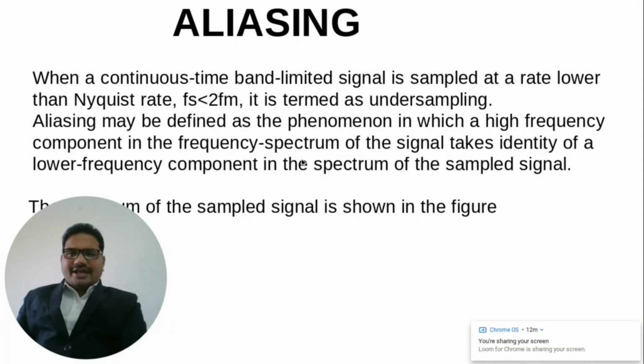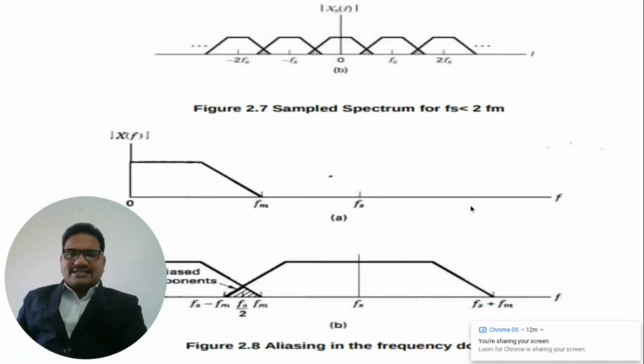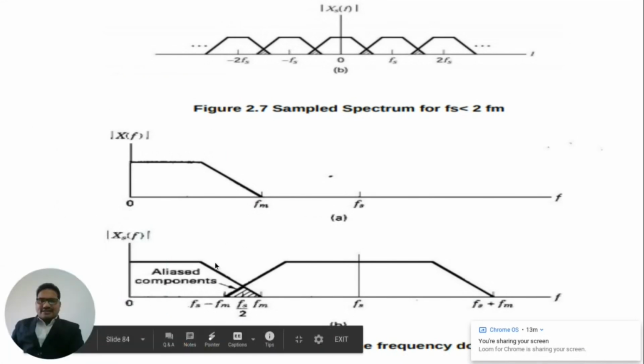So aliasing may be defined as a phenomenon in which a high frequency component in the frequency spectrum of the signal takes the identity of the low frequency component in the signal. You can see in this figure how aliasing has taken place. When is it going to take place? When fs is less than twice of fm.